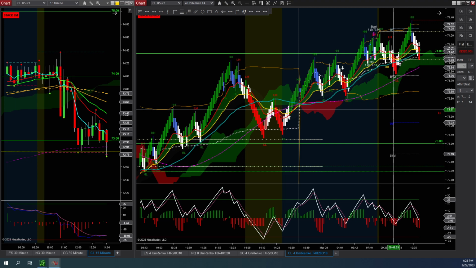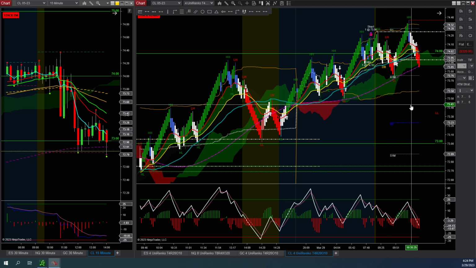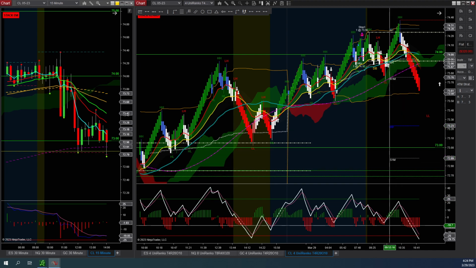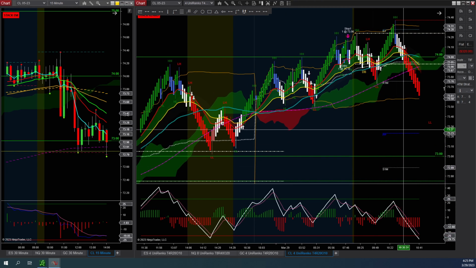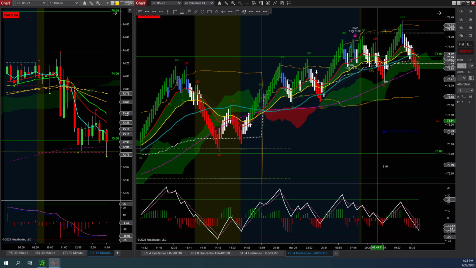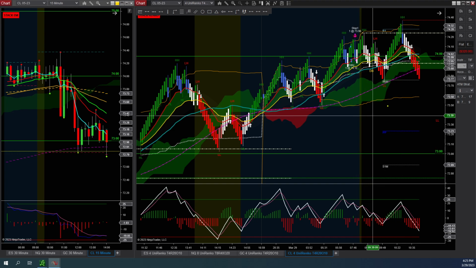I do trade 9 contracts with them and in my own account as well. So today I lost $320 per contract, and I'm trading 9 contracts. So that is $2,880 lost.